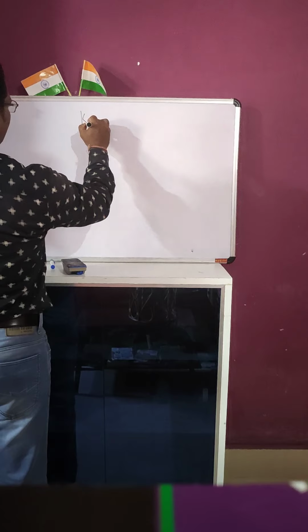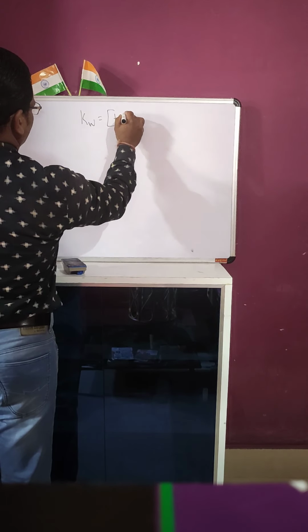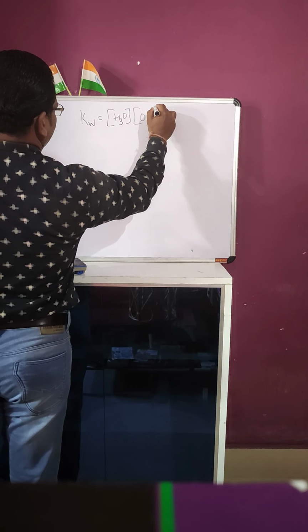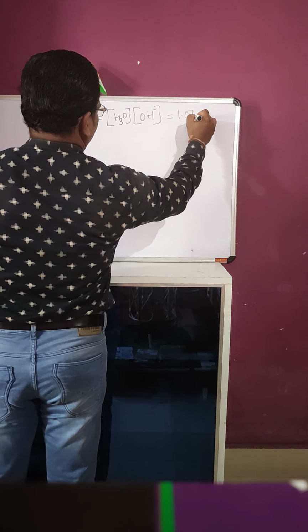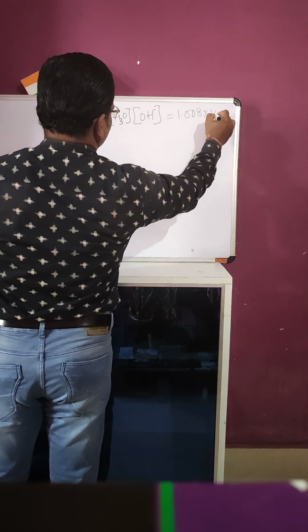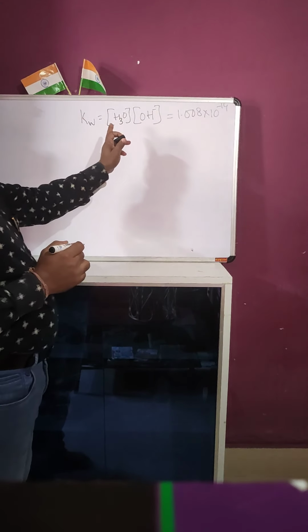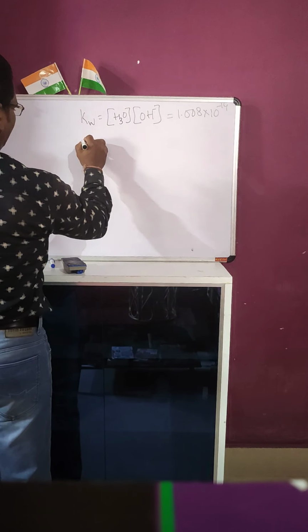This ionic product of water, or Kw, which is equal to the product of molar concentration of hydroxide ions and hydronium ions, is taken to be 1.008 into 10 to the power minus 14.